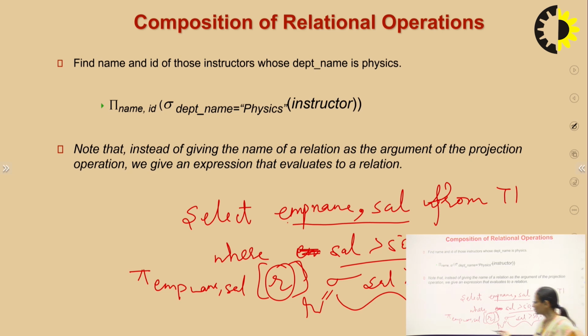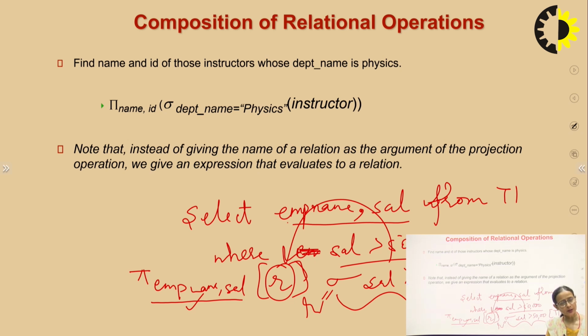And what this particular query is doing: the output will become input for the pi operator. So it will select only those attributes and give the final outcome. This is how the composition of relational operations is used.